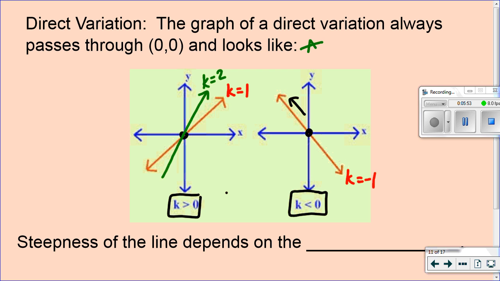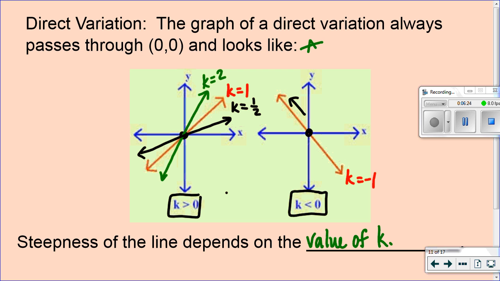So the steepness of my line depends on the value of K. Now, on the other hand, in this graph over here, let's say I use a fraction that's less than 1 as my constant of variation. So let's say K equals 1/2. Well, what happens then to my graph is it becomes less steep.